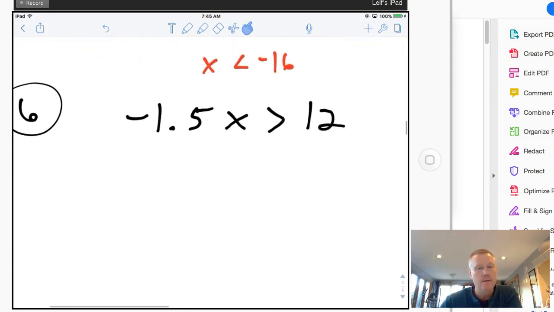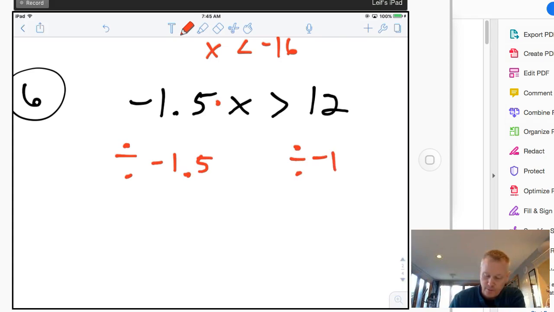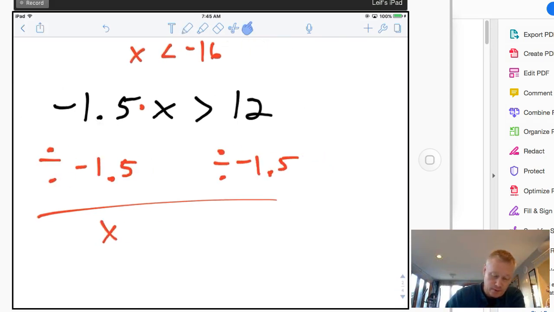Okay. Next one, negative 1.5x. So to solve this, it's connected by multiplication. The opposite of multiplying by negative 1.5 is dividing by negative 1.5. And I get x is, so I divided by a negative, so I have to flip the sign. So now it goes that way.